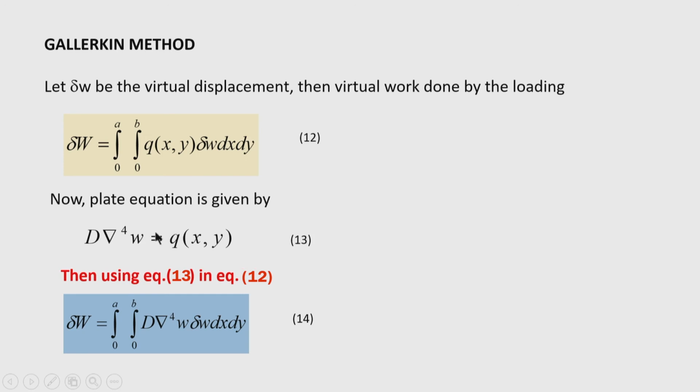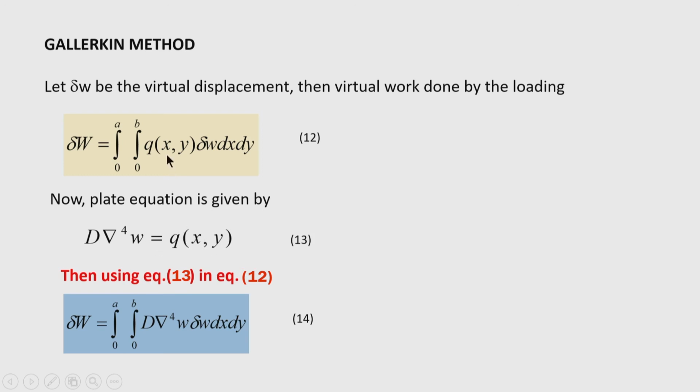Now, here you can see that del 4 is the differential operator, which contains 3 terms, that is del 4 by del x 4 plus 2 del 4 by del x square del y square plus del 4 by del y 4. Now, you see this expression, that is D del 4 w is equal to q(x,y).